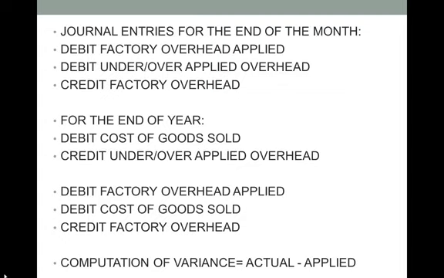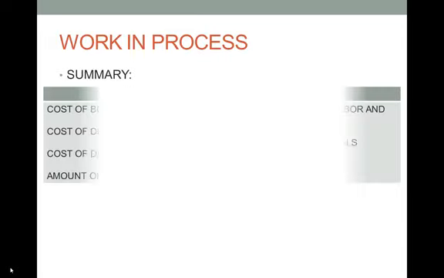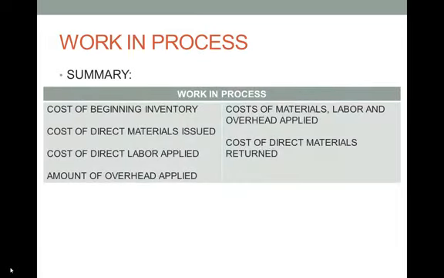So let's proceed now to the work in process account. What do we need to see in the work in process, on the debit and credit side? The summary is this. Yan po dapat ang naka-record sa debit and credit side ng work in process.